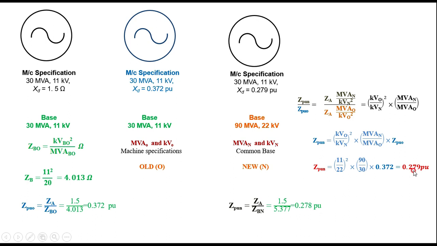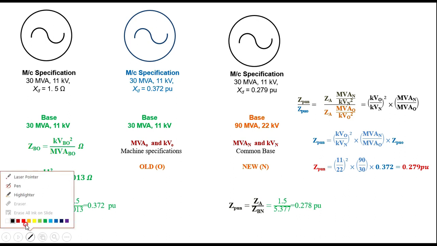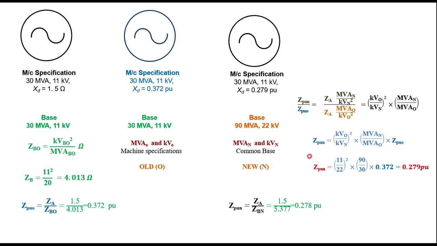Then what I am getting is 0.279. Here also it is 0.278. Means you are getting an equation with which the new per unit value can easily be calculated.